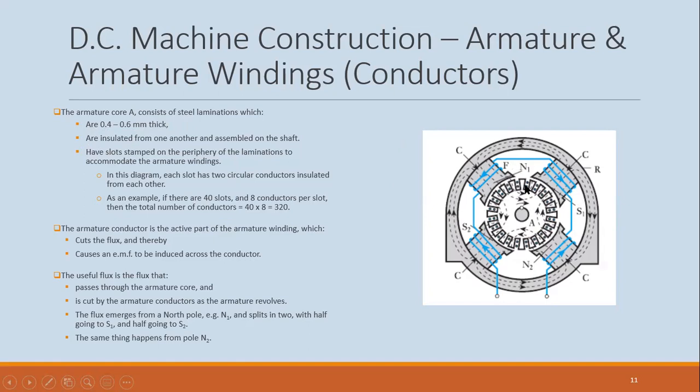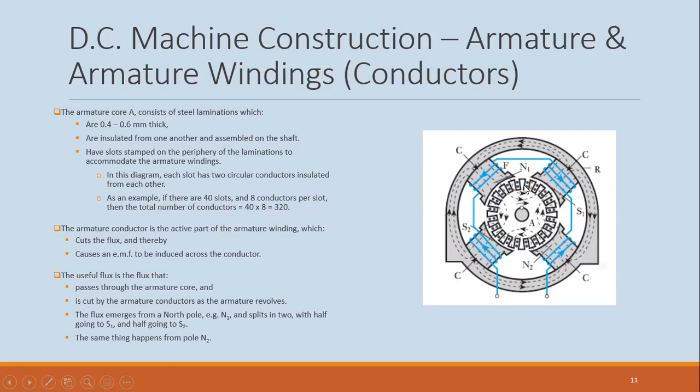So you have slots to accommodate the conductors. So in this one, you see where you have two conductors in each slot, right? But you can have more than two. So an example here, if there are 40 slots and 8 conductors per slot, you would have a total number of 320, 40 times 8, 320 conductors.